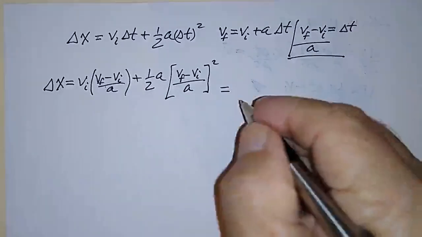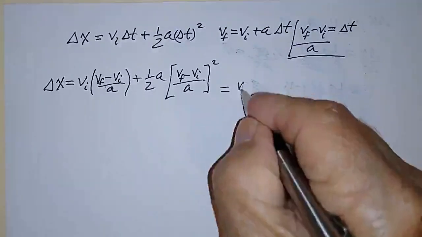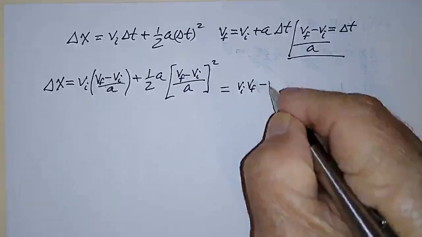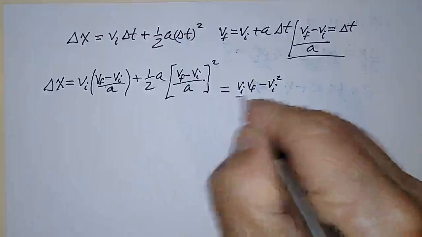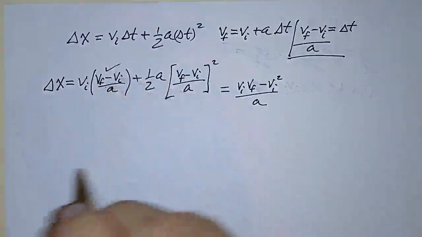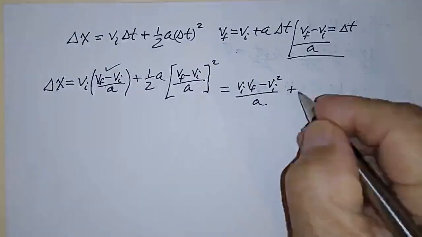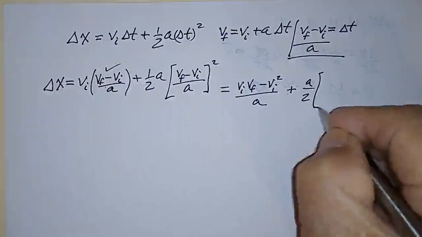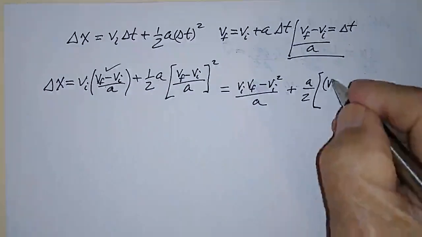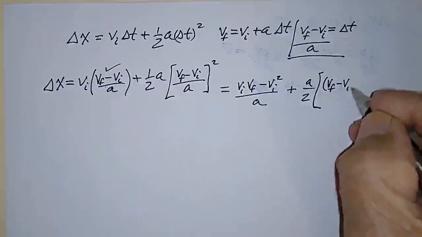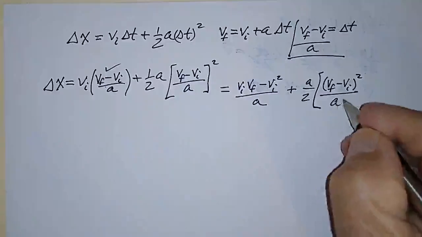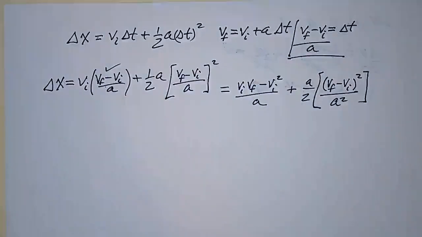But that's equal to v initial times v final minus v initial squared over a from this term, plus a over 2 times v final minus v initial squared divided by a squared.